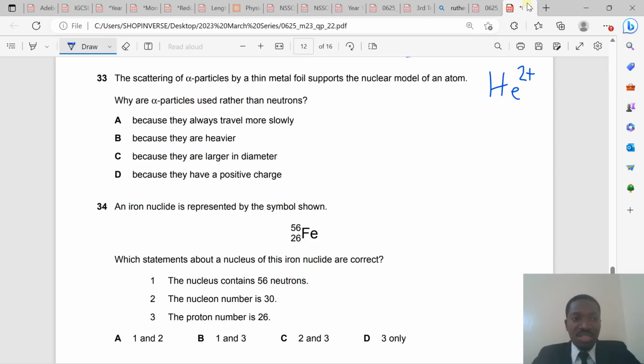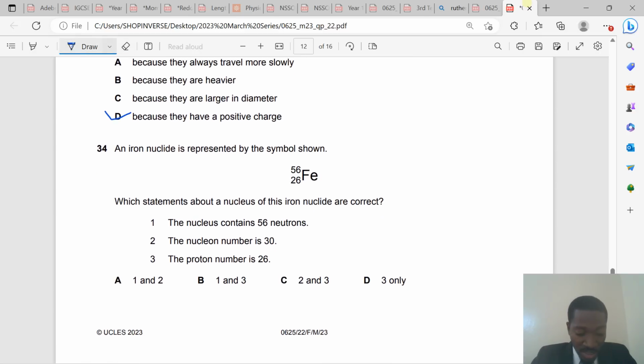He noticed that some alpha particles bounce back, due to repulsion between the positively charged alpha particle and the positive nucleus of gold. So because they have positive charge, that's the correct answer to question 33.